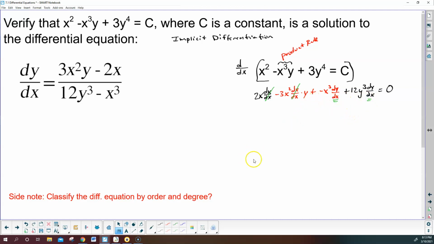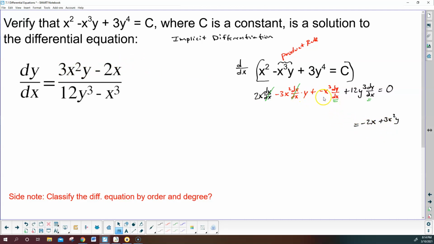So I'm going to do two steps at once here. I'm going to take this term and this term, which keep in mind has a 3 over there, and bring them both over to the left side. So I'm going to subtract a 2x, and I'm going to add a 3x squared y. Notice how the top kind of matches that.